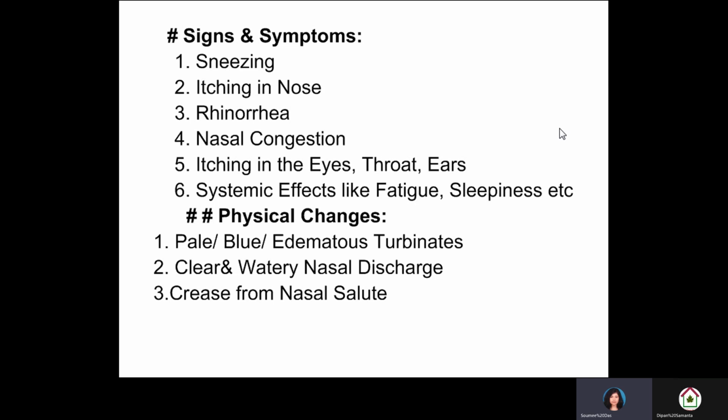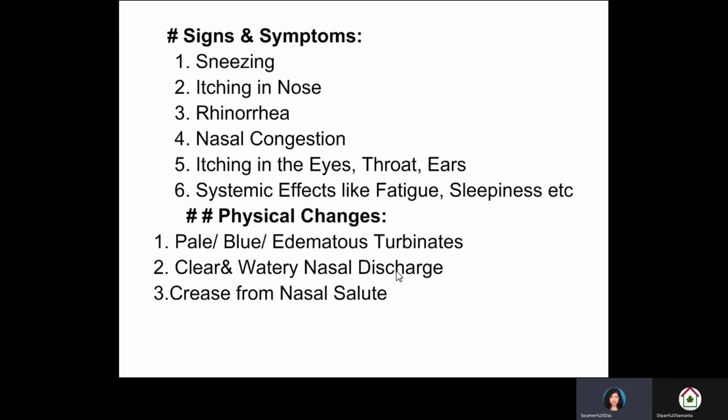Next are the physical changes or physical signs that we can see with our bare eyes. Okay, so the turbinates become pale blue or edematous. Turbinates, clear and watery nasal discharge, crease from the nasal salute. So we have seen that the roof of the nose is elevated.